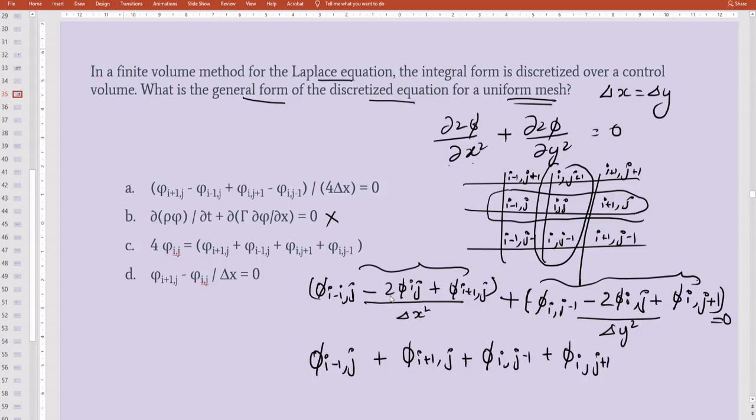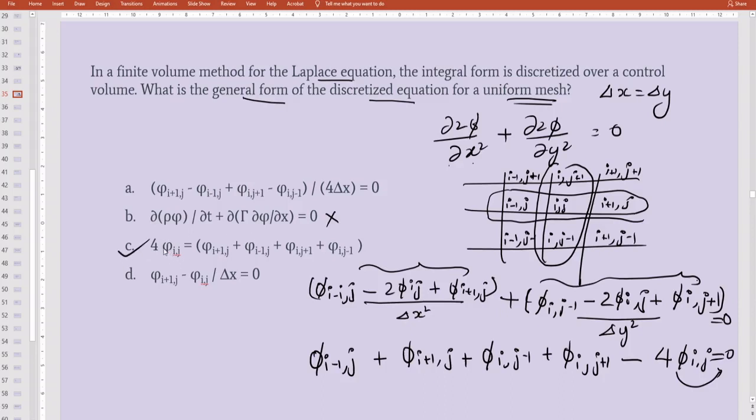Then the term minus 2 phi ij is common in both, so it will become minus 4 times phi i comma j. Both the denominators, delta x square and delta x square, are the same. If we cross multiply, it will be equal to 0. If we bring this term here, it will become positive. So our answer is option C.